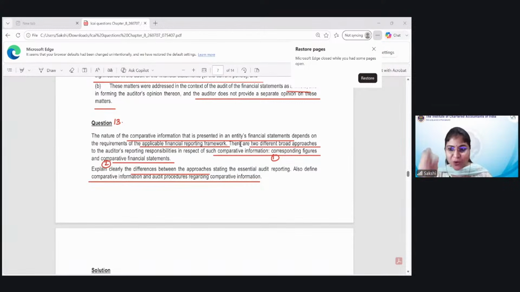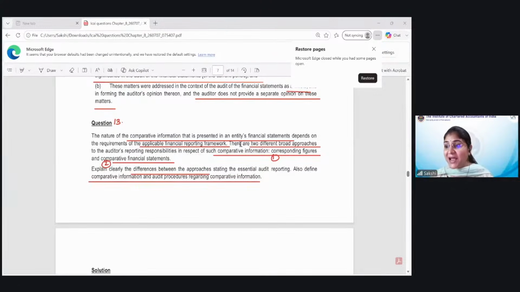Schedule 3 format, you all know, current year, previous year. So you are just comparing the 2 years, but your main prime area of audit is focus on the current period only. You do the audit of current period, you report on the current period. In comparative statement, you give your opinion to each period on the financial statements presented, means for 25 also and 26 also. This is comparative.